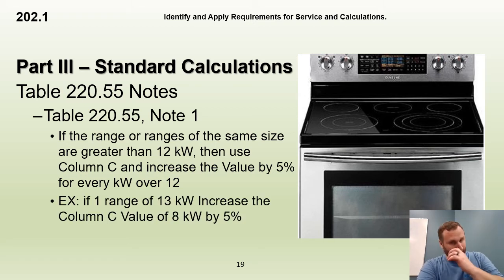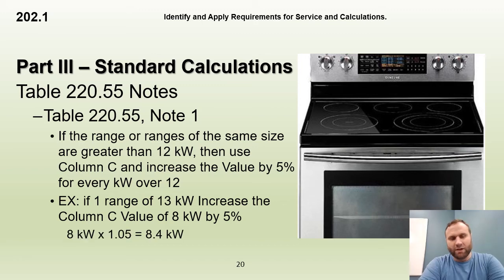For example, if I have one range of 13 kW, it's a 13 kilowatt range, I'm going to increase the column C value of 8 kW by 5%. So then I take 8 kilowatts, or 8 kW, and I multiply that by 1.05. Now, why would I multiply that by 1.05? Well, at this point, we should all know that increasing it by 5% means I need to multiply it by 105%.